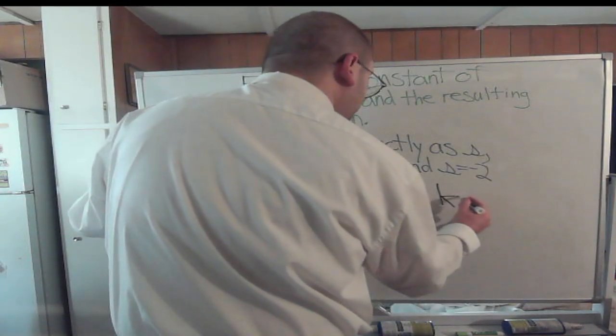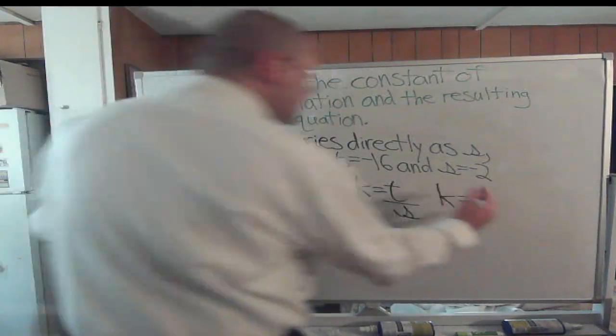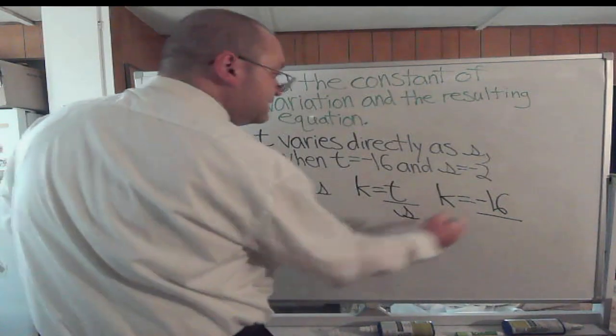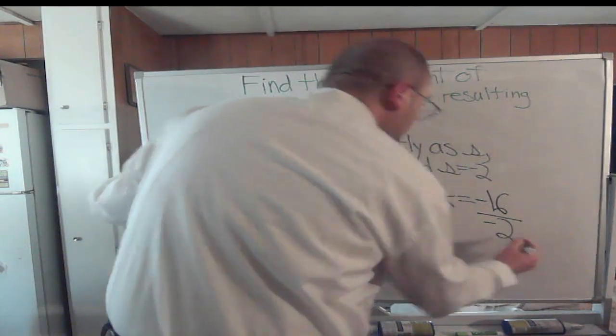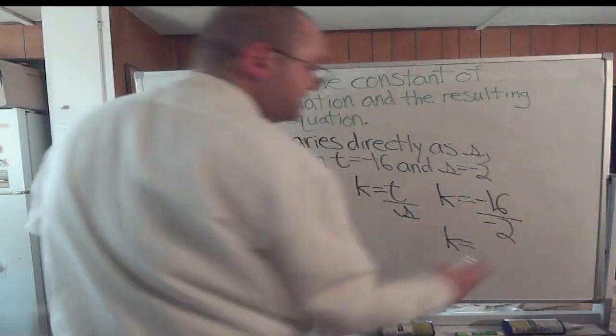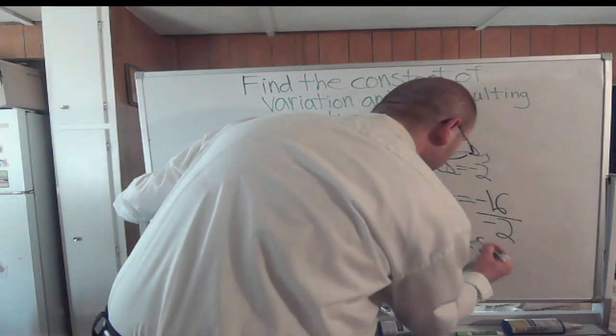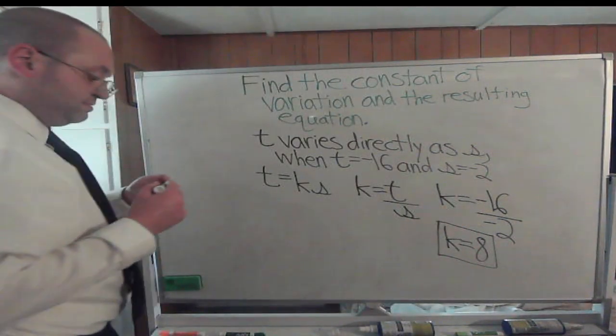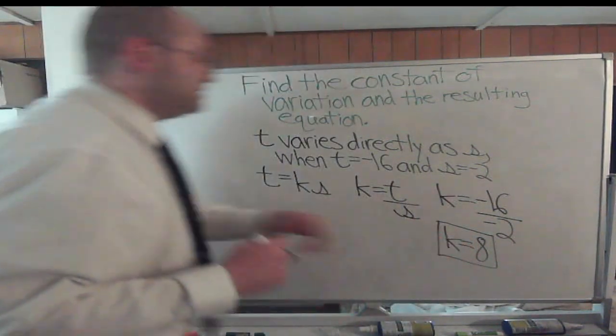So the constant of variation is equal to the value of t, which is -16, over that s, which is -2. So it's -16 divided by -2. That's +8. So the constant of variation in this particular case is 8.